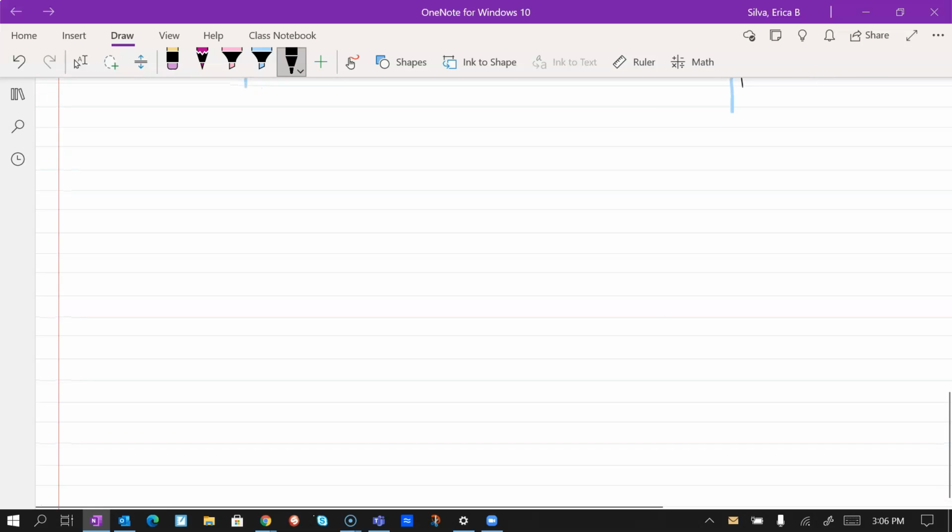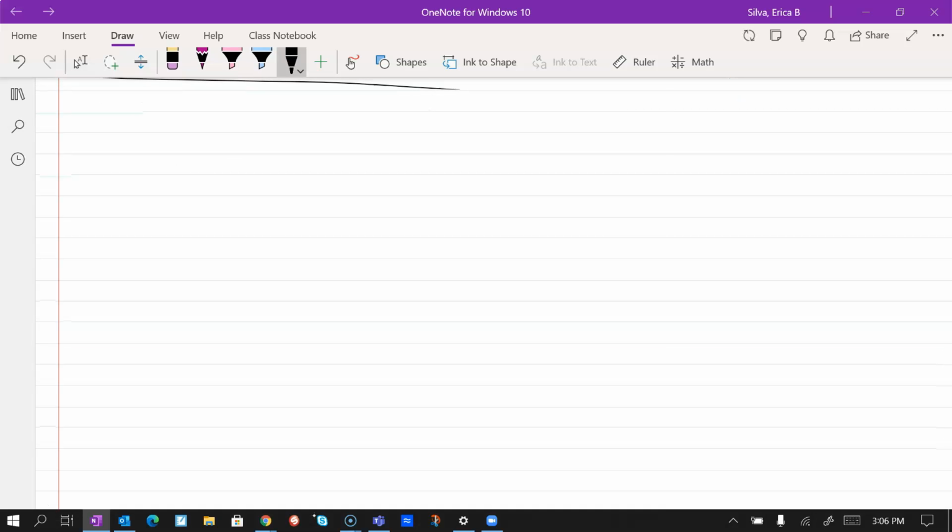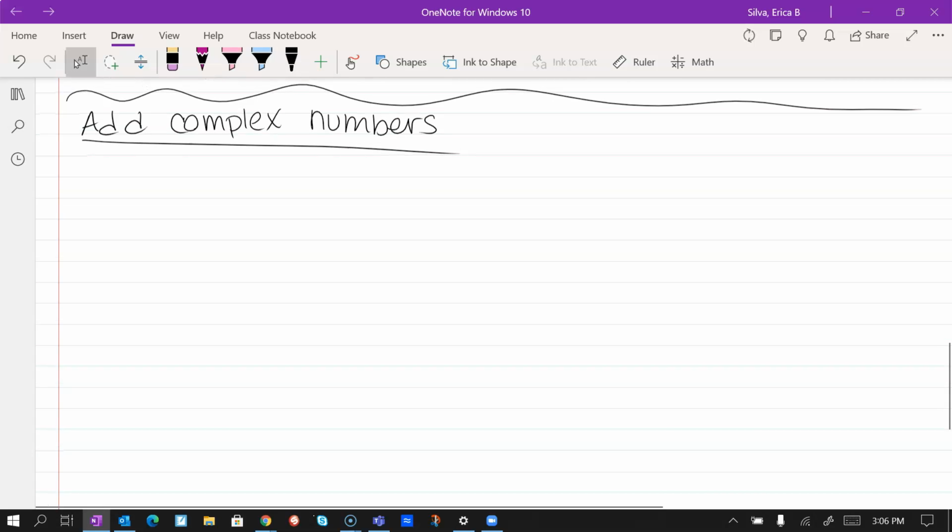All right, so for the next part, we're going to be adding and subtracting complex numbers. We're first going to add complex numbers. Now, when we add, we're going to first drop the parentheses.